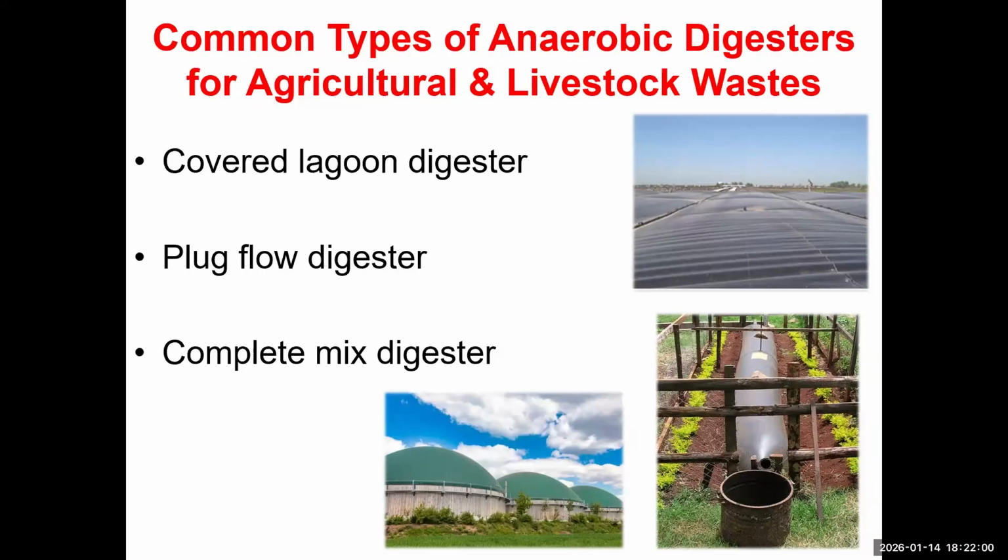Those three are the covered lagoon digester, the plug flow digester, and the complete mix digester. I do want to point out that regardless of the digester design that you may select, those same microbial processes that are responsible for biogas production still occur.